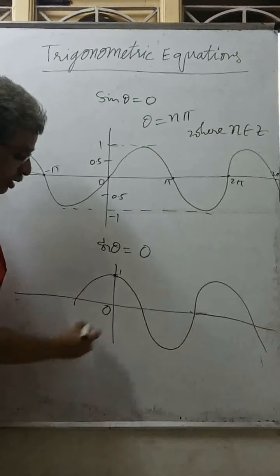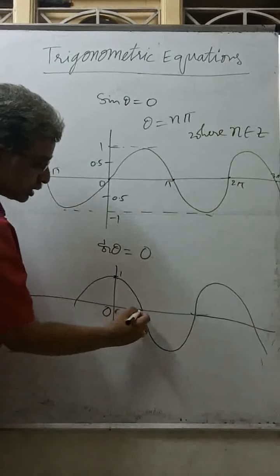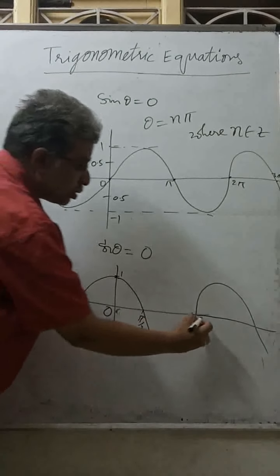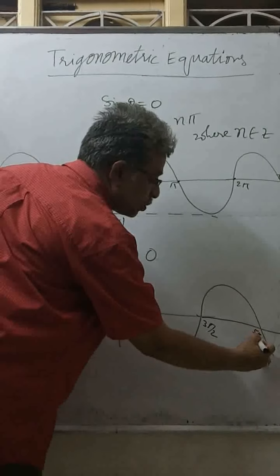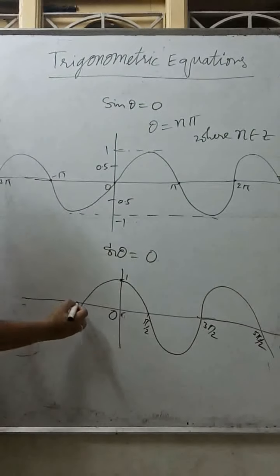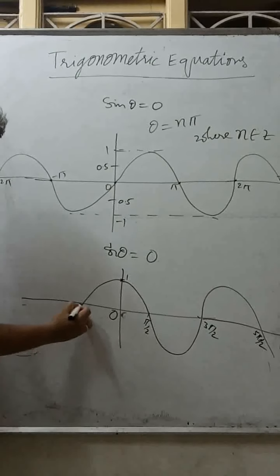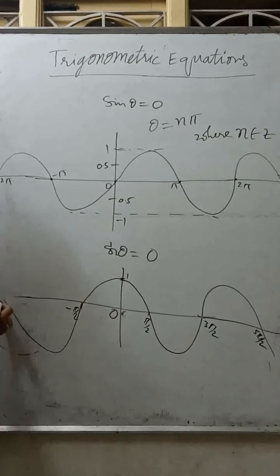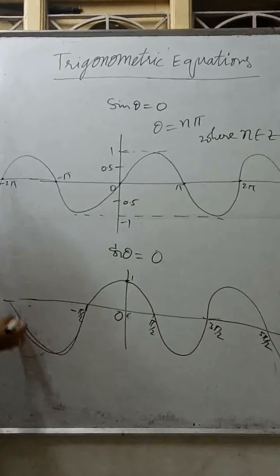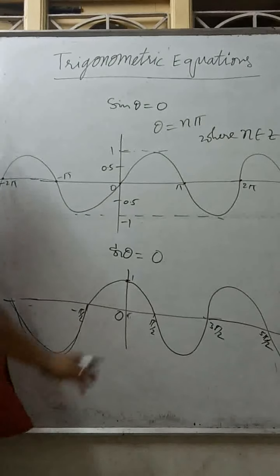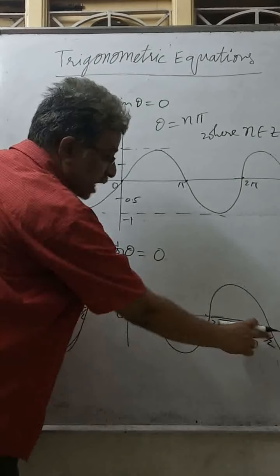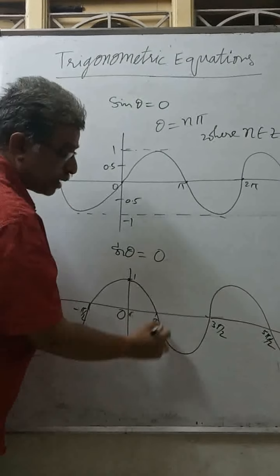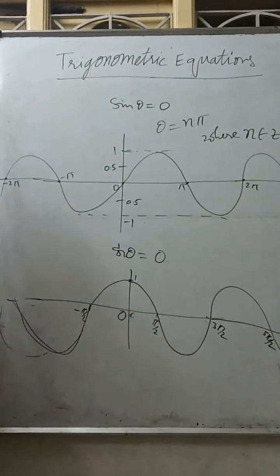This value is 1 and this is 0, this is pi by 2, this is 3 pi by 2, this is 5 pi by 2 and so on. This is minus pi by 2 and so on. So for the cos graph, if you observe, it is 0 at all the odd multiples of pi by 2: pi by 2, 3 pi by 2, 5 pi by 2 and so on.